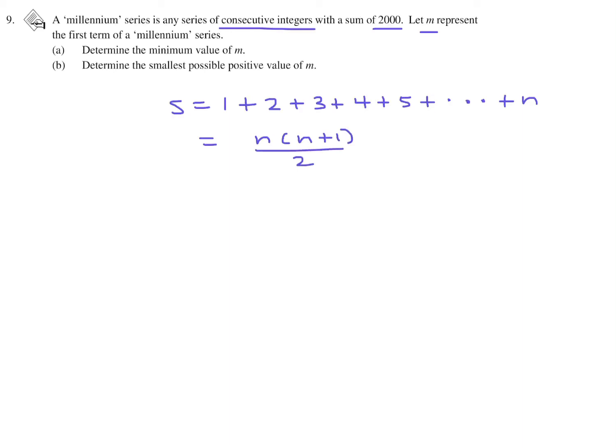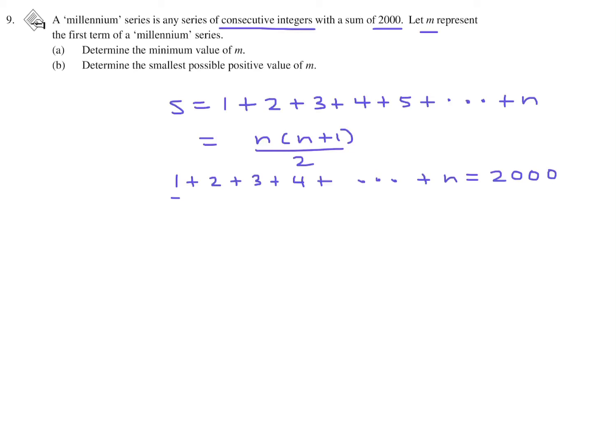Okay? So they're saying we have some series, and the sum is 2000. So something like 1 plus 2 plus 3 plus 4, all the way up to n is equal to 2000. But it's not that simple because they haven't told us what the first number is. I'm just giving you an example of what it may look like.